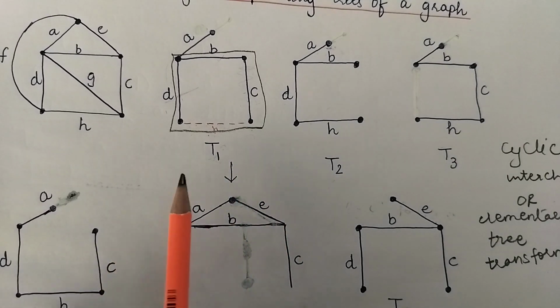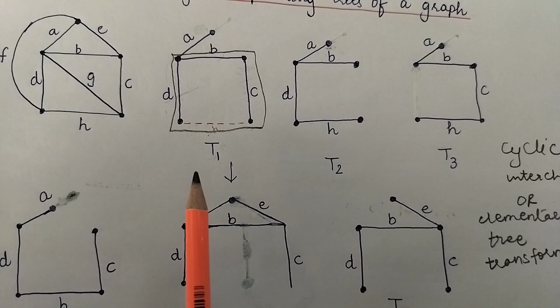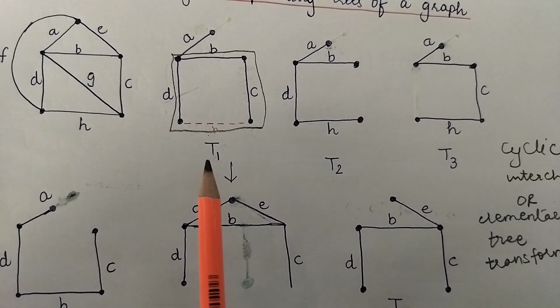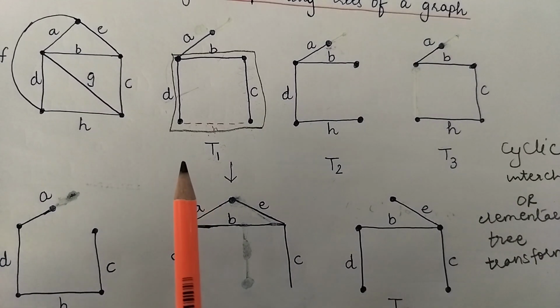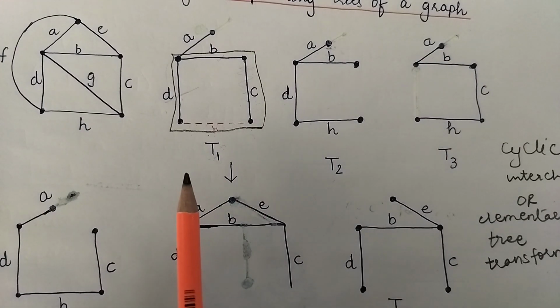So this way we can obtain more than one spanning trees by adding a chord and deleting the appropriate branches from the fundamental circuit obtained by adding the chord, right?